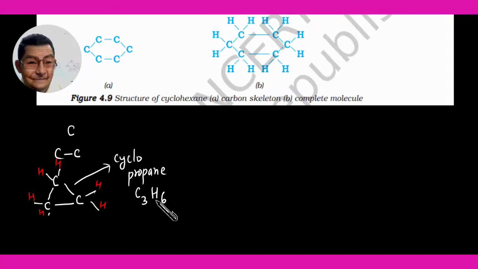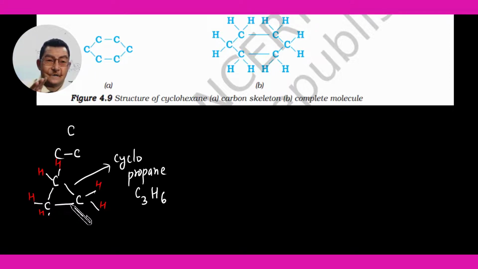C3H6 is also the formula of propene, an alkene. This is altogether a different compound. So you got it, cyclopropane. Once you have the word cyclo in front of propane, it doesn't mean the formula for propane. Cyclo means you first make the cyclic or closed structure of 3 carbons and then satisfy the valency.